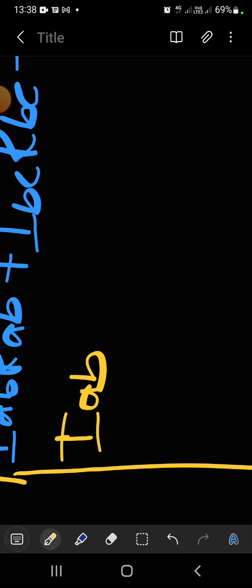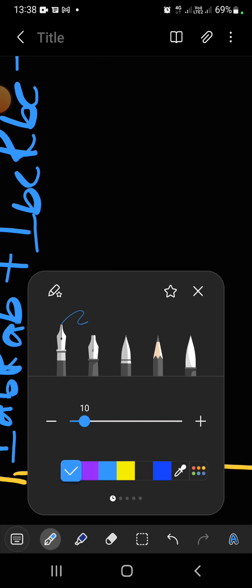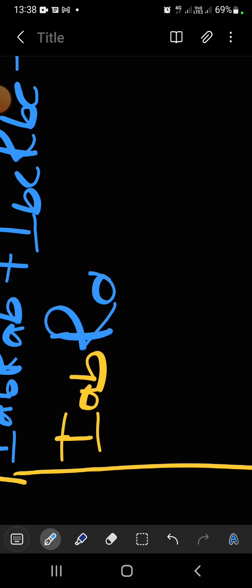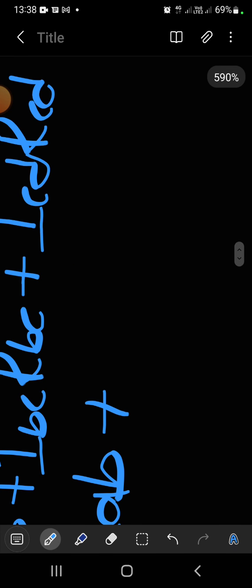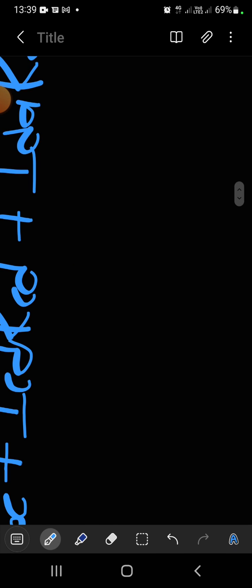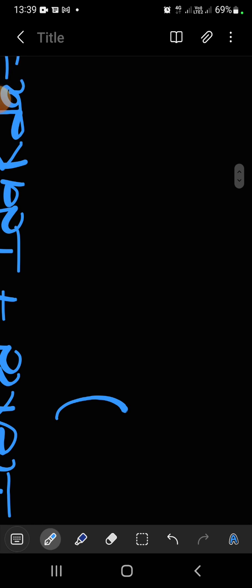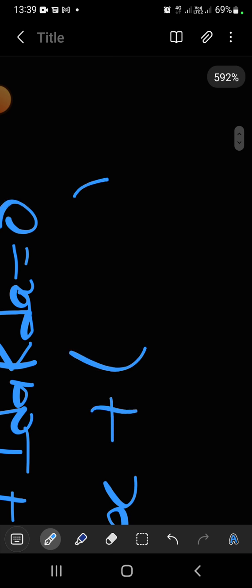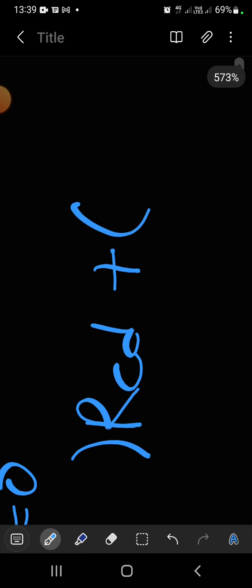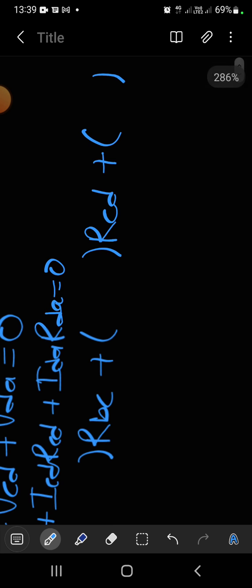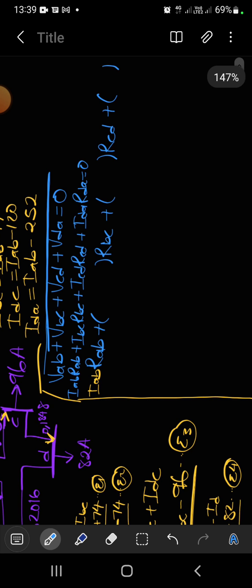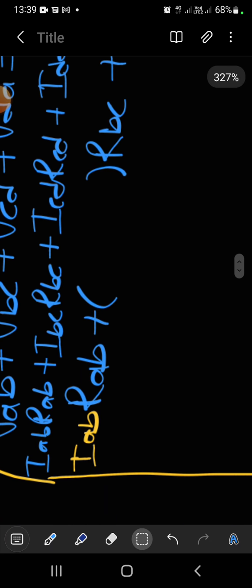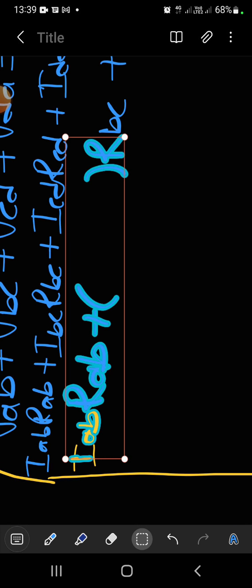IAB RAB plus, now you have your other current, then this is now RBC plus your current RCD plus your current, let me make it a bit small.